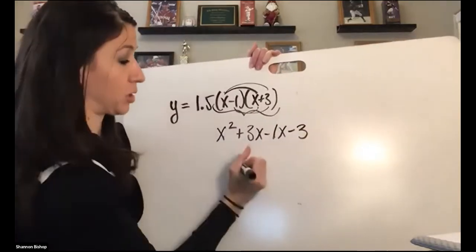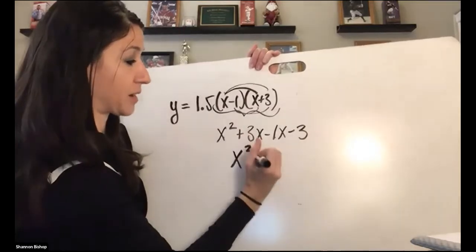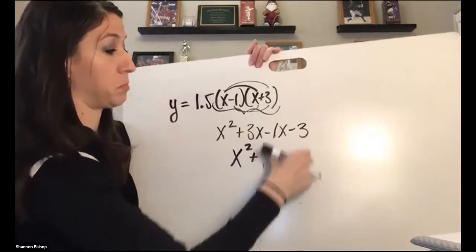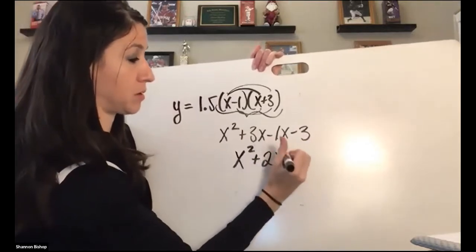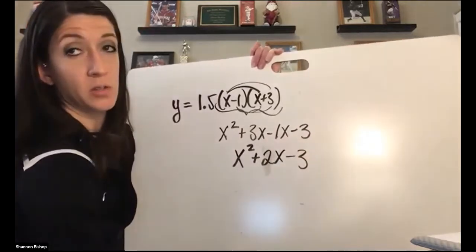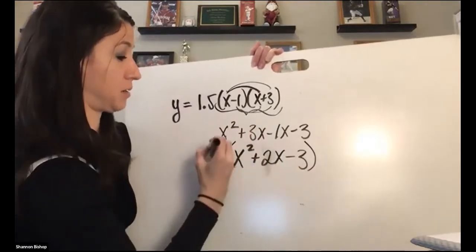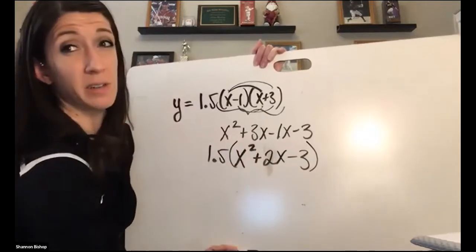If I combine like terms real quick, that simplifies to x squared plus 2x minus 3.